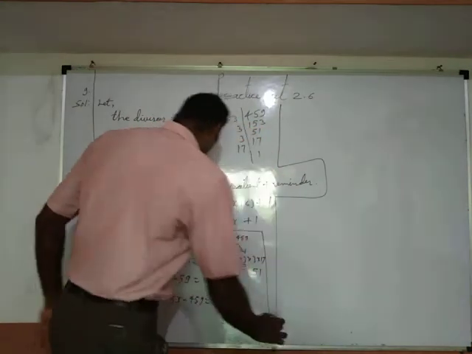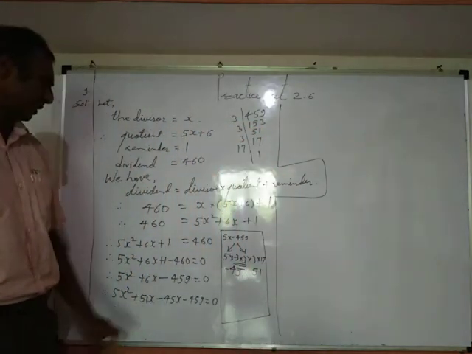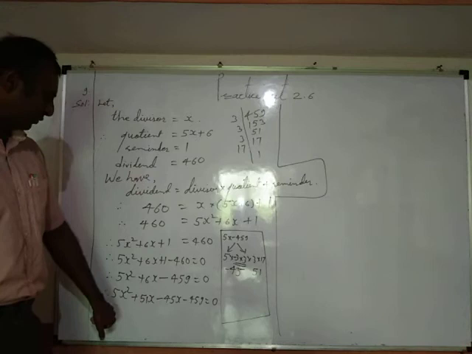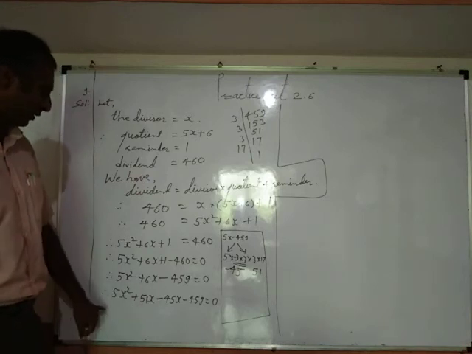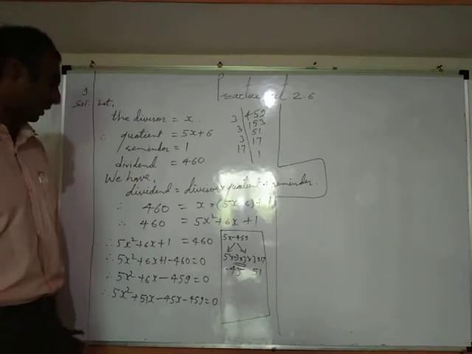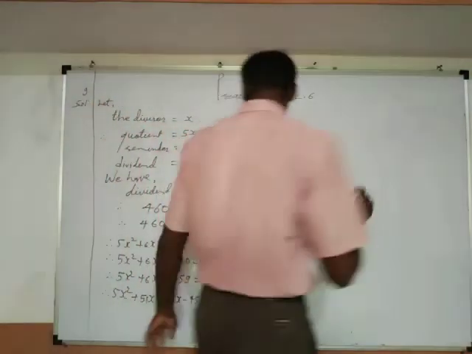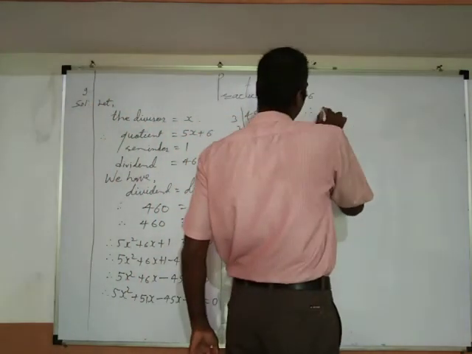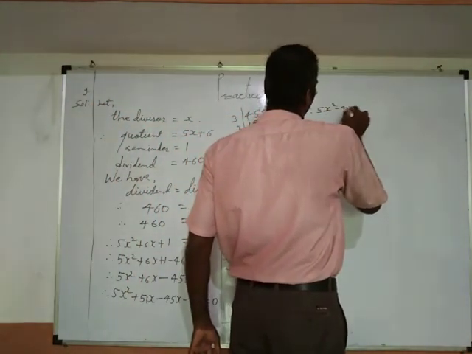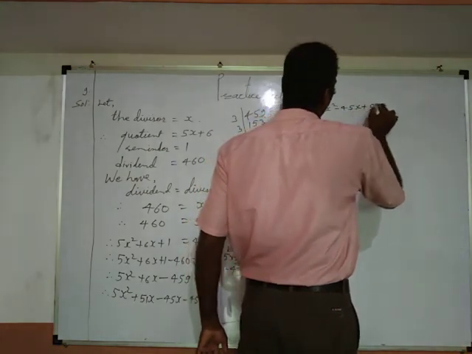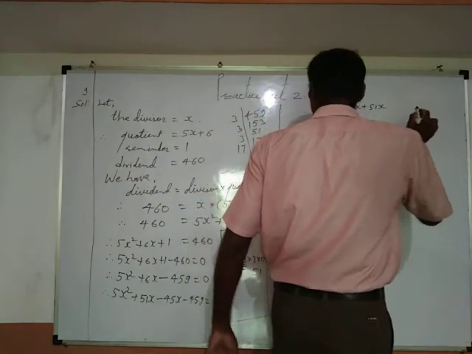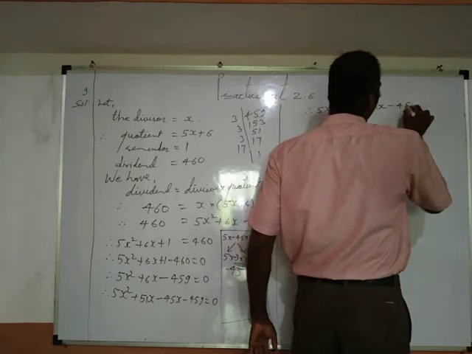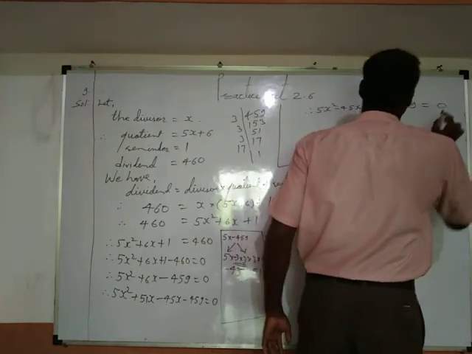Let's exchange the position of plus 51x and minus 45x, because 5 and 51 do not have anything common, but 5 and 45 have common 5. That's why let's rearrange it as 5x square minus 45x plus 51x minus 459, that equal to 0.